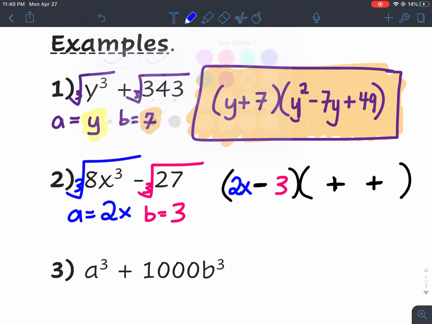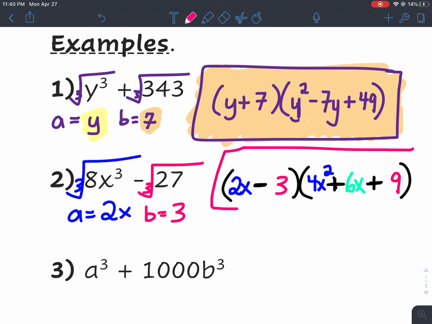B goes here. Then it's A squared. So 2x times 2x is 4x squared. Then it's A times B. A times B would be 6x. And then it's B squared, which would be 3 times 3, 9. There we go.